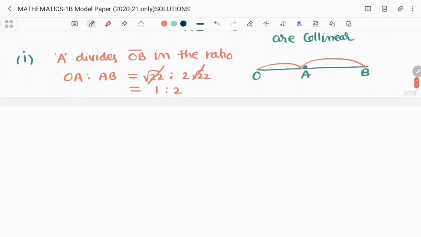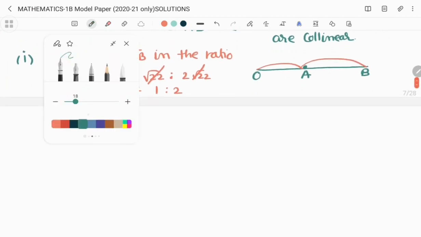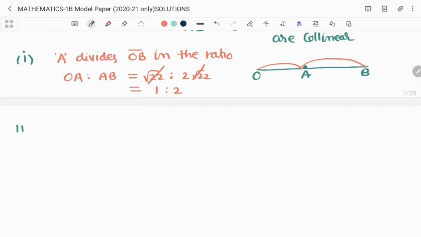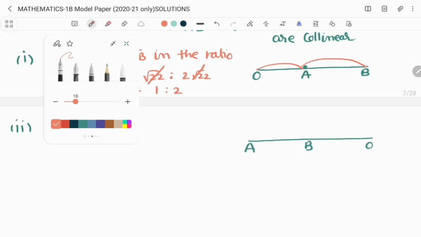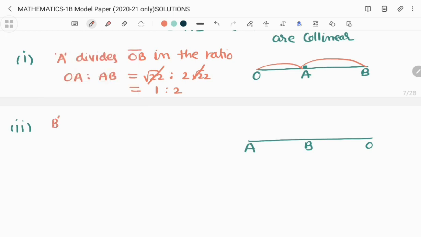Similarly, second case, case 2. So the figure will come like this. A, B and O. So that means B divides. In this case, observe carefully.